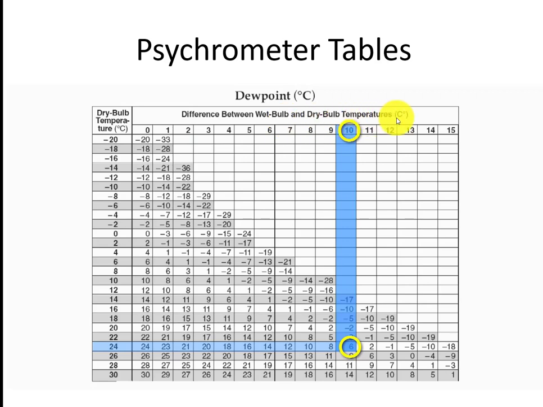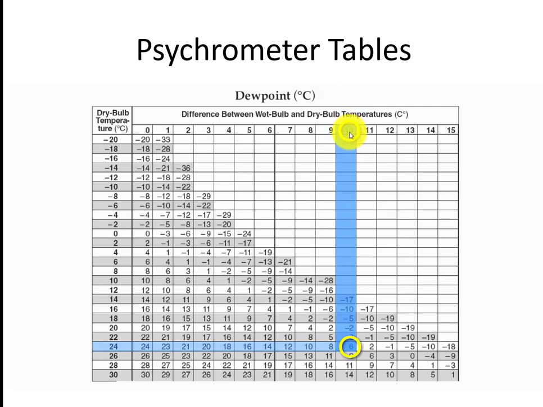And so you would find the difference between these two values, and then you look up and cross-reference the dry bulb temperature. So in this example that I've highlighted in blue, let's say that we had a wet bulb temperature of 34 degrees Celsius and a dry bulb temperature of 24 degrees Celsius. 34 minus 24 is 10.